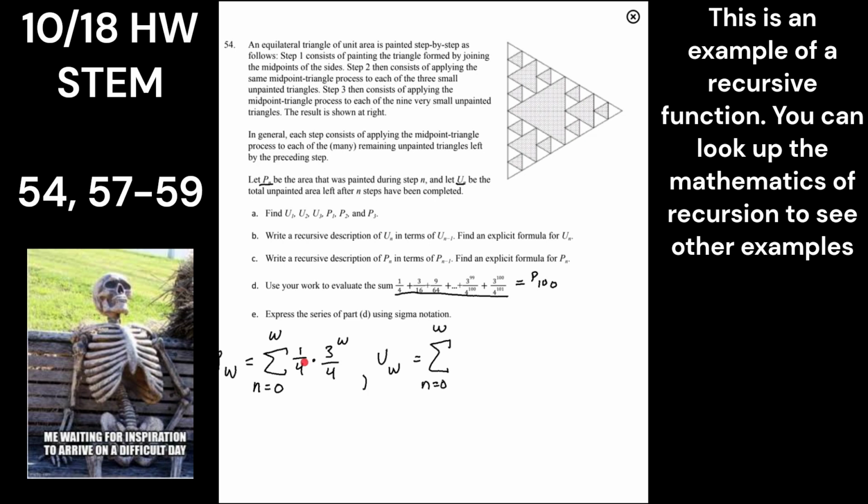And since it's 1/4, to make it 1, it would be 3/4. I first thought it was 1/4, but it's actually 3/4, the same thing as, oh, no, not w, as p.